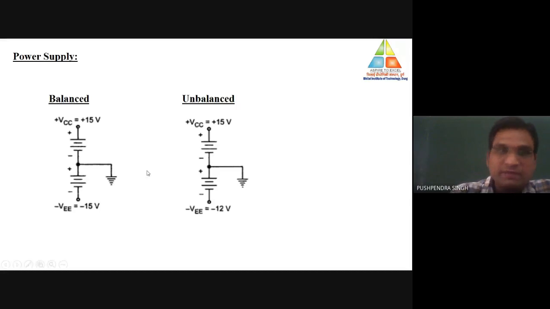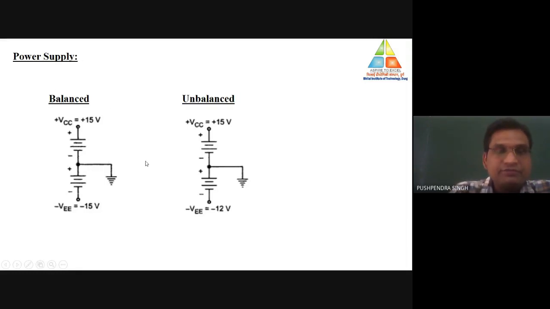Dual power supply means we need to use positive as well as negative power supply to power the op-amp. A single power supply would be either a positive voltage source or a negative voltage source only. But a dual power supply means there is a positive as well as a negative power signal in the circuit.